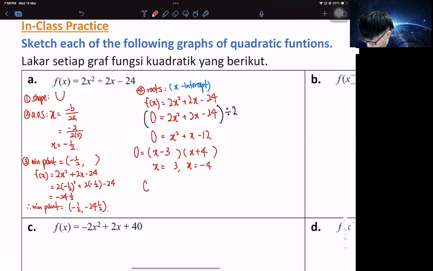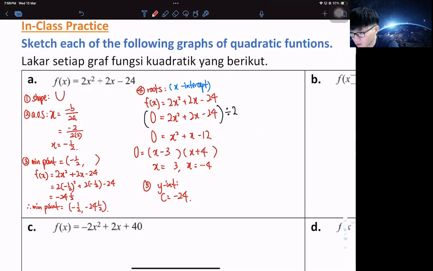Because number 5, you also did it just now, it's the y-intercept. So C equals -24. Any questions? 5, 4, 3, 2, 1.